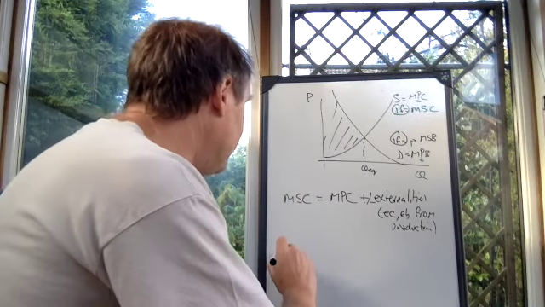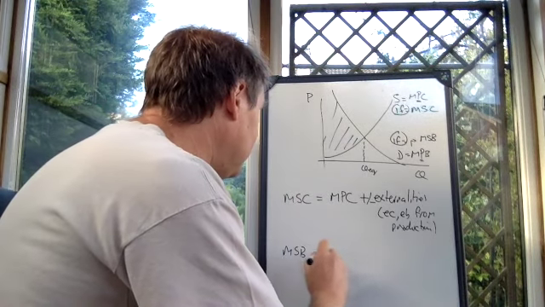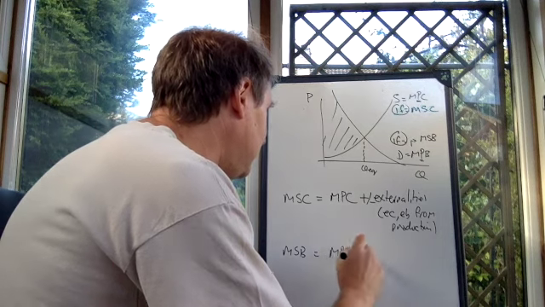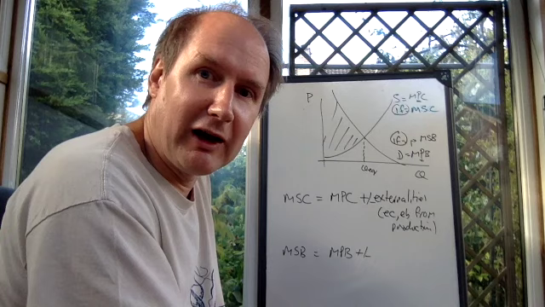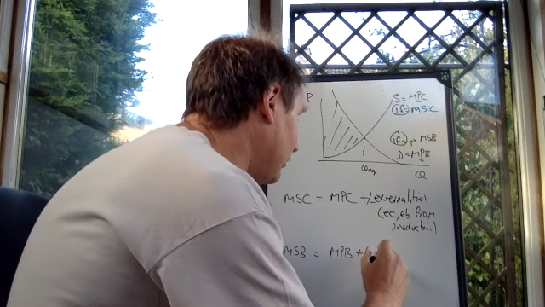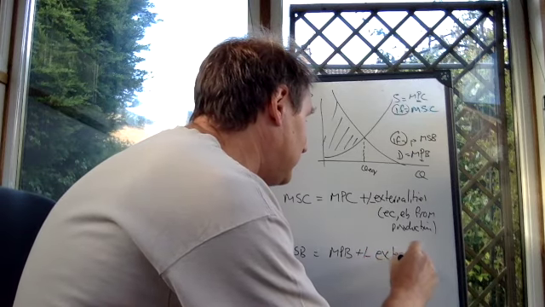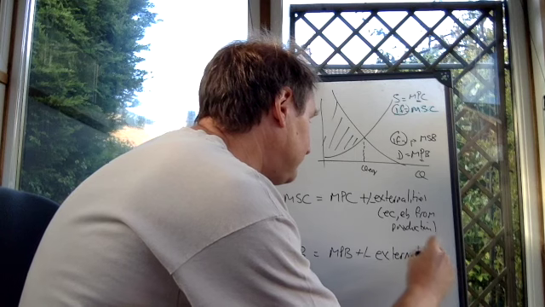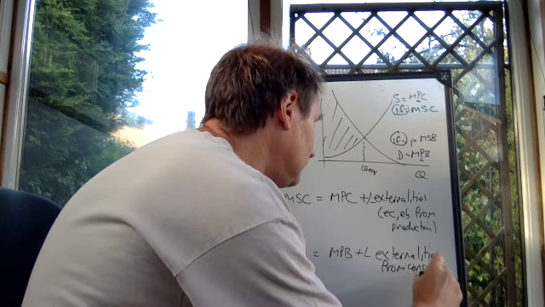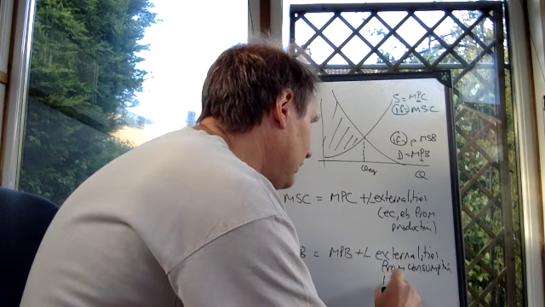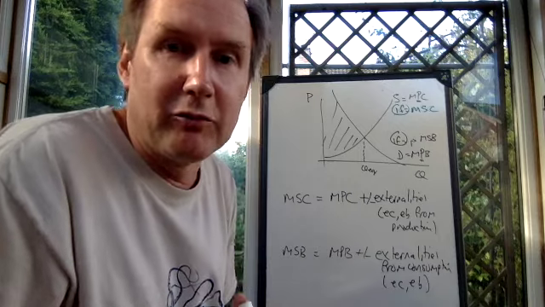And similarly, the marginal social benefit is equal to the benefit to me plus or minus any costs or benefits that I impose on you. So it's plus or minus the externalities from consumption. In other words, plus or minus any external costs or external benefits from using the product.